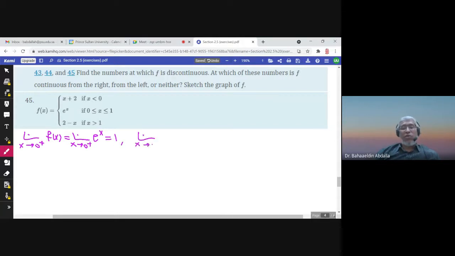What about the limit when x approaches 0 from the left? So I'll use x plus 2, and the answer would be 2. So the limit when x approaches 0 of f of x does not exist. Then f is not continuous.